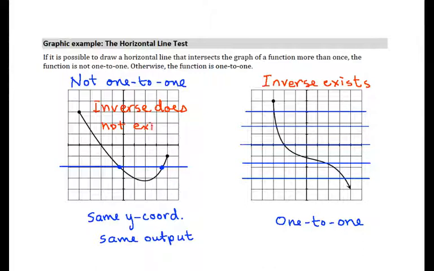If one were to try to draw the graph of the inverse of this first function using the techniques we have for drawing the inverse of a function defined by a graph, maybe swapping the coordinates of these endpoints and following that shape, we could get a graph. The problem is that that graph would not pass the vertical line test, and therefore that graph would not be a function itself. It has to be a function in order for it to be an inverse function.